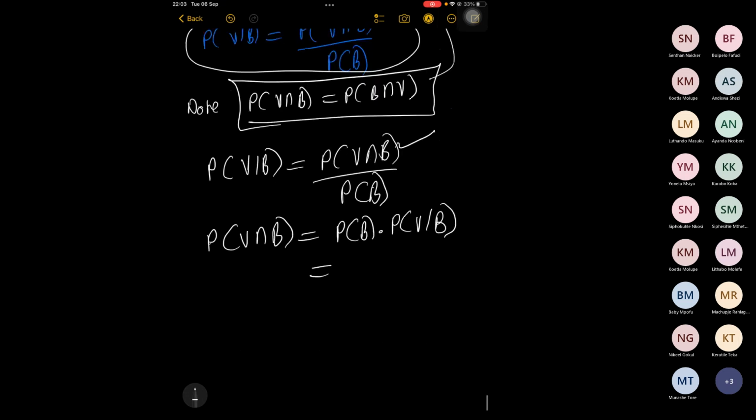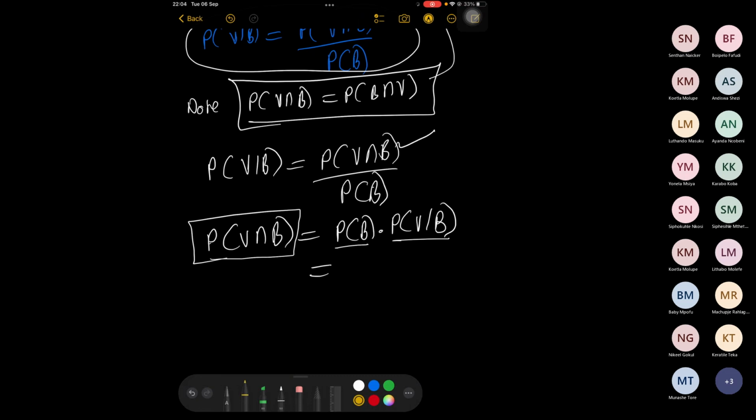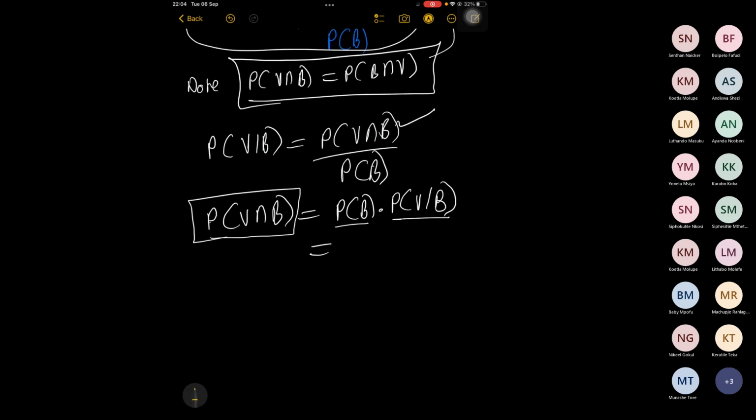Okay. So now I was saying probability of V given B is the same as probability of V intersection B over probability of B. Now, if you make V intersection B the subject of the formula, it's going to be probability of B times V given B, of which we already have these expressions. What's the probability of B? It's 0.4. Then what's V given B?